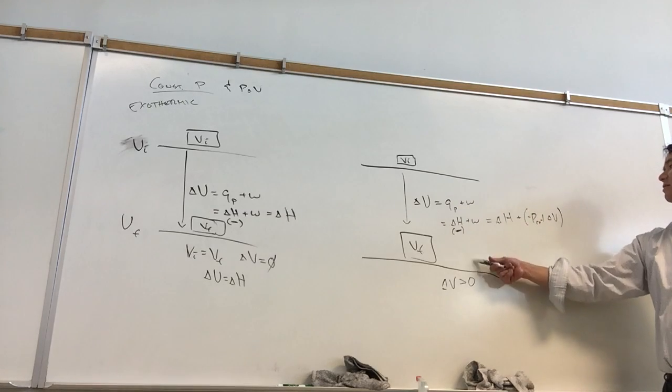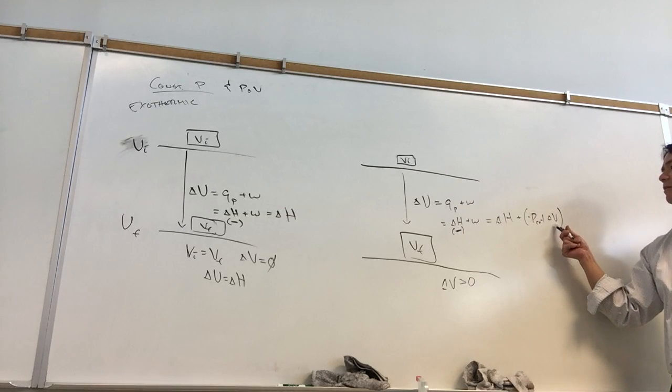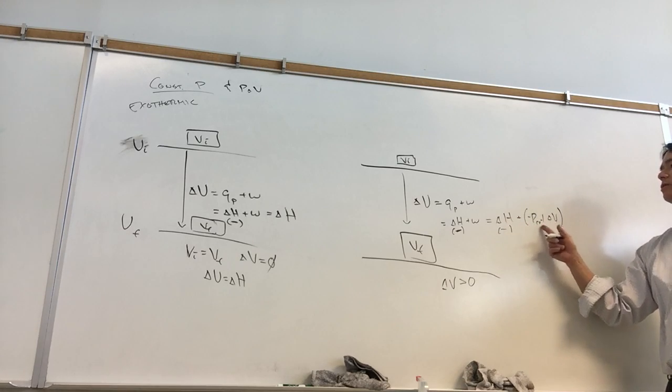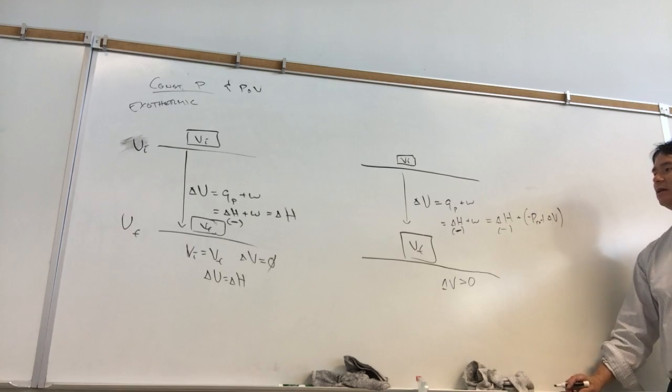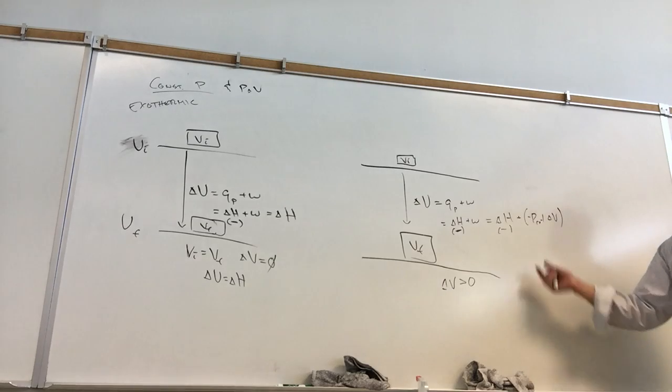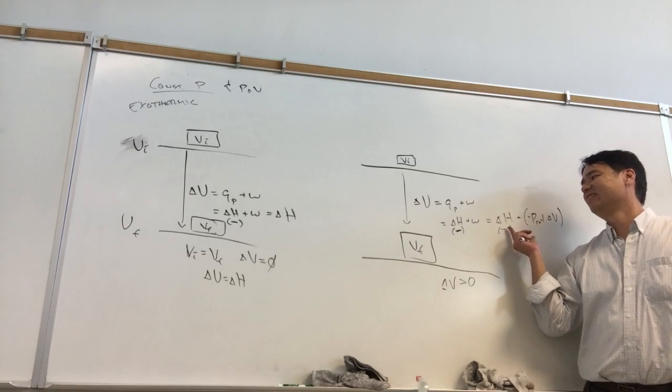So delta V of the system is positive, which means this term is going to be positive, which means this whole term will be negative. This is tricky, which means this is going to be negative.